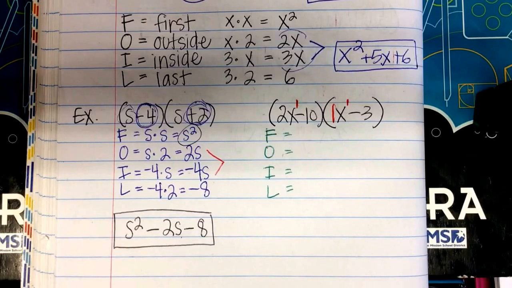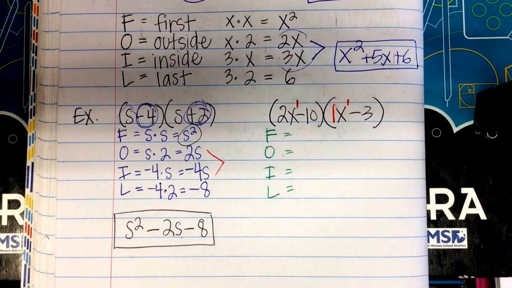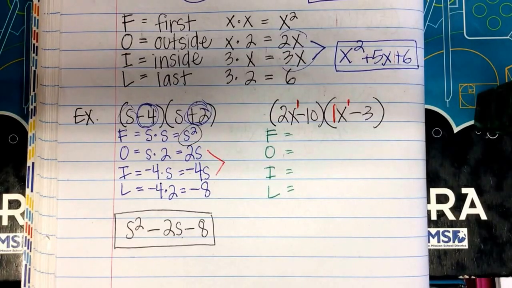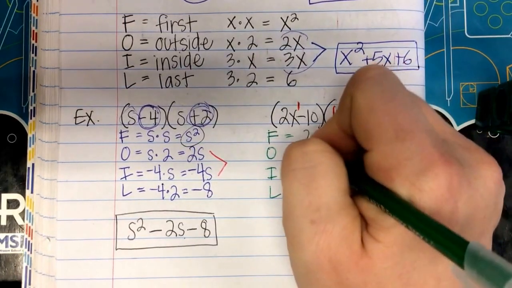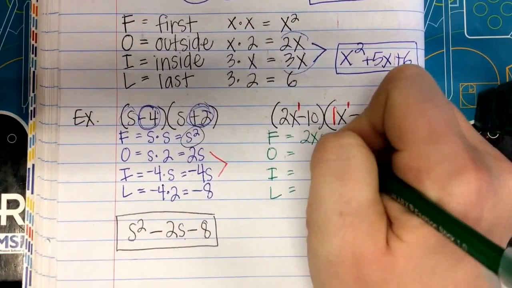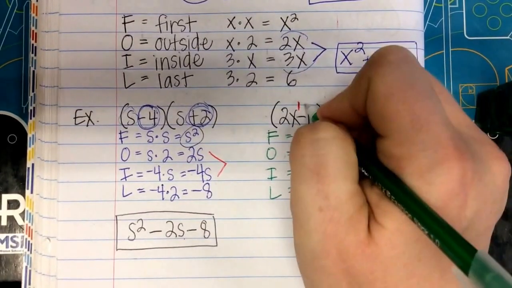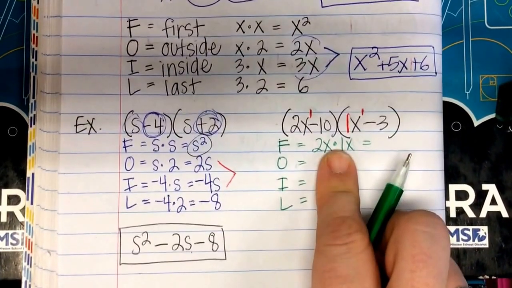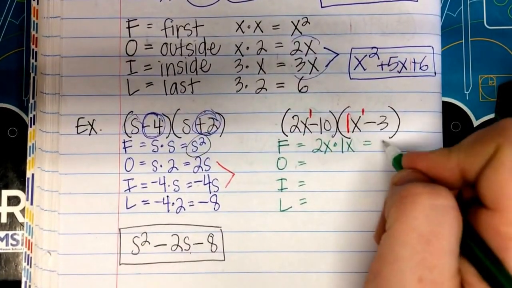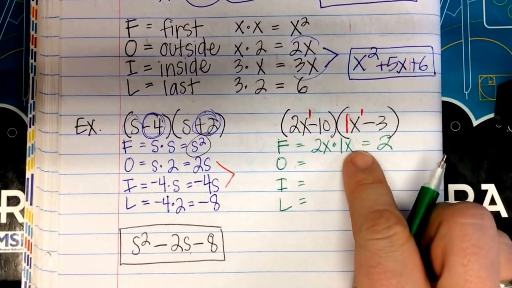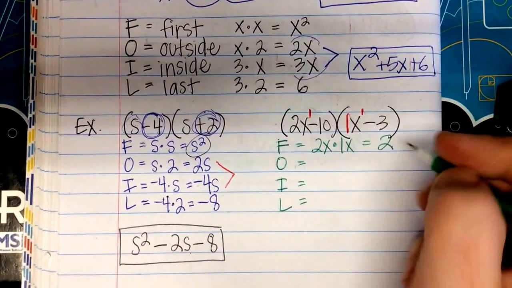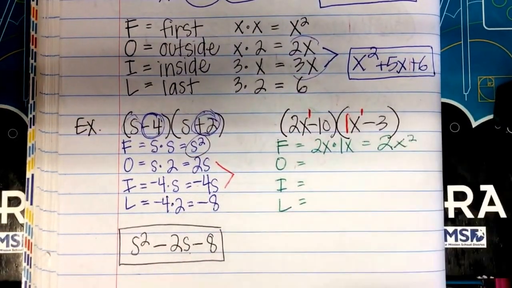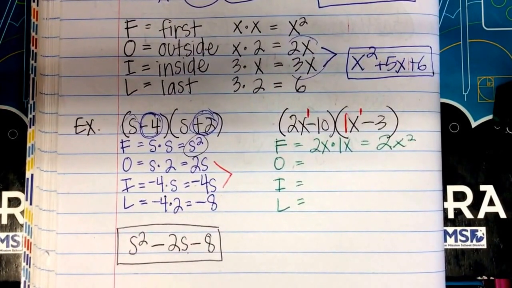First. Keegan. 2x times 1x. 2 times 1 is 2. And x times x is x squared.